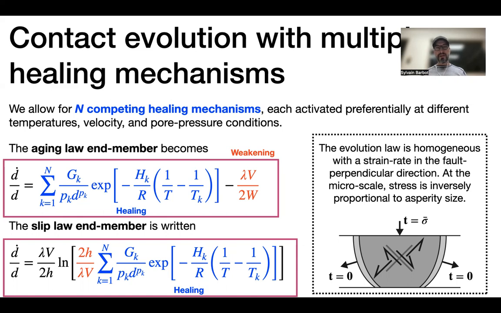For the aging law end member, all of the terms are additive, and the evolution law for the size of the asperity incorporates the effect of competing mechanisms. What we mean by that is that in the lab, we see that for a finite range of temperature, the empirical frictional properties are fairly constant. So A, B, L, all these are constant over a finite range of temperature. Then there's another range of temperature for which they are constant, and a gradual transition between the two.